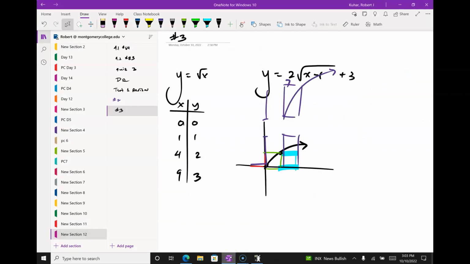Look at what I did with my box. Remember, the mother function's got that 1 by 1 box, right? And this thing here inside here is telling me move that box 1 to the right. So I redrew my box as a blue box, right? Then it's saying take my box and stretch it out by 2.